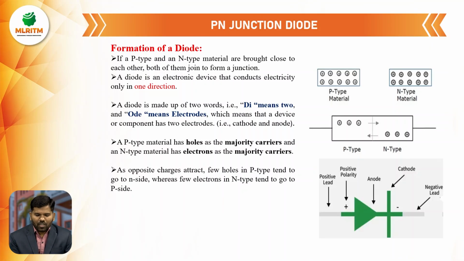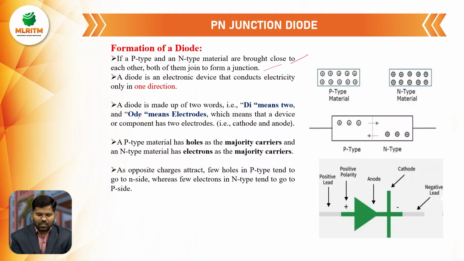This is the formation of the diode. If p-type and n-type material are brought close to each other, a p-n junction diode is formed. The diode is an electronic device that conducts electricity only in one direction.